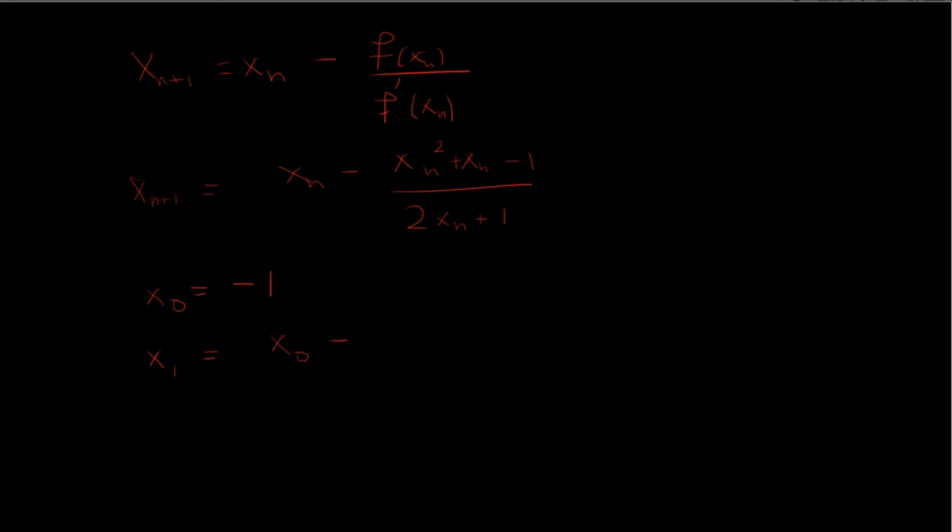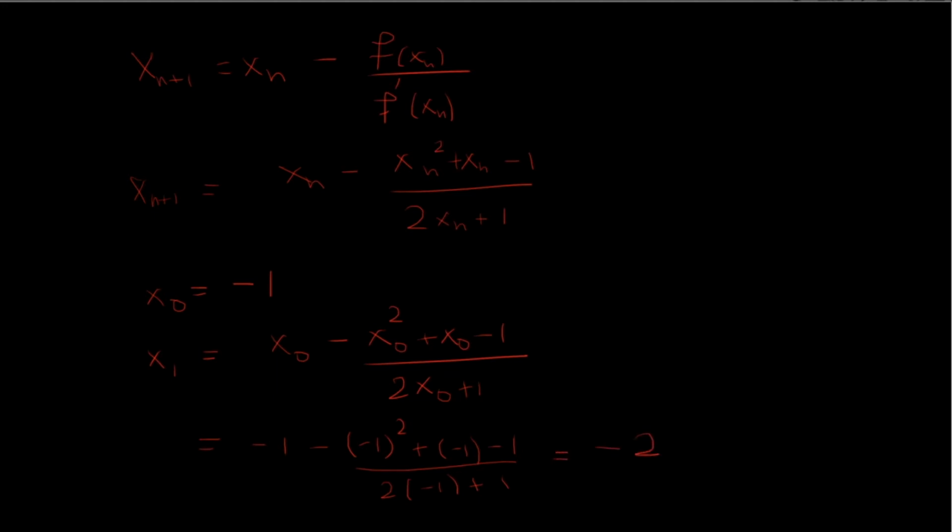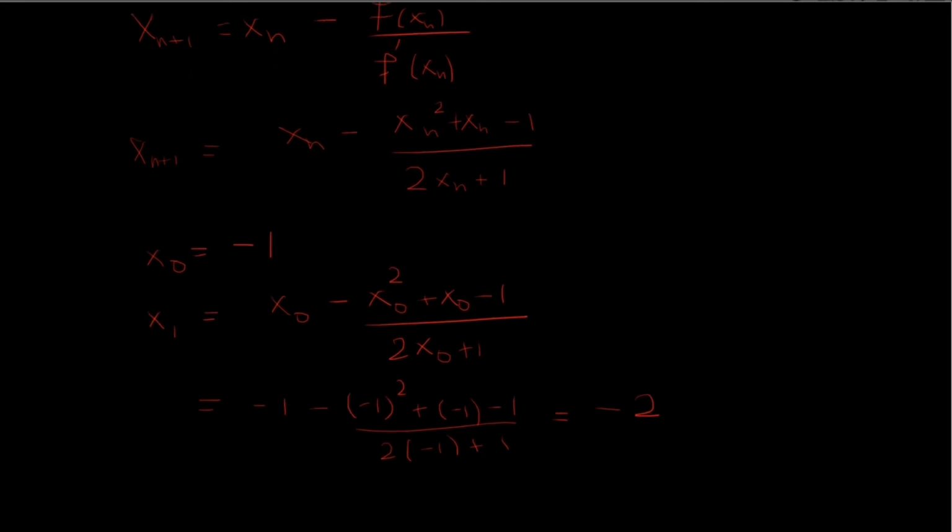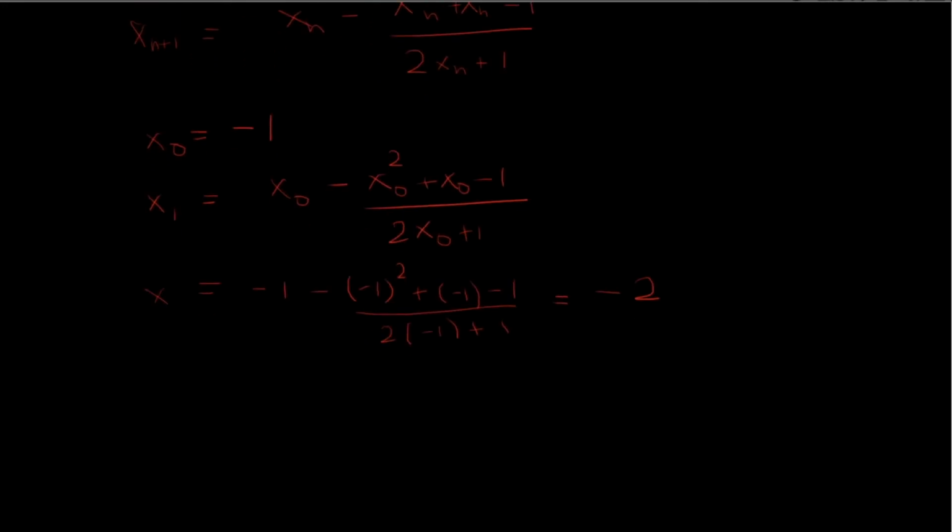So we're just going to plug in n equals 0 here, and replace the x sub 0s with negative 1. And for that, we end up with negative 2. So x sub 1 is negative 2.